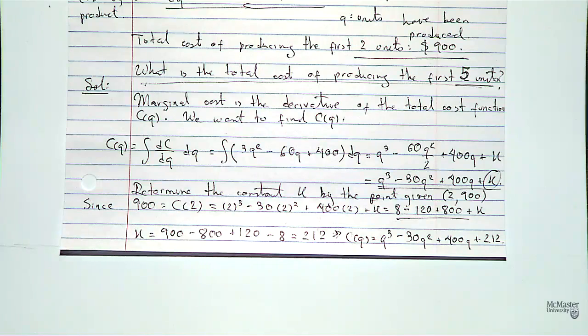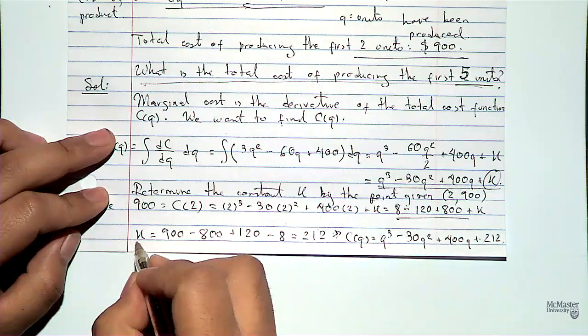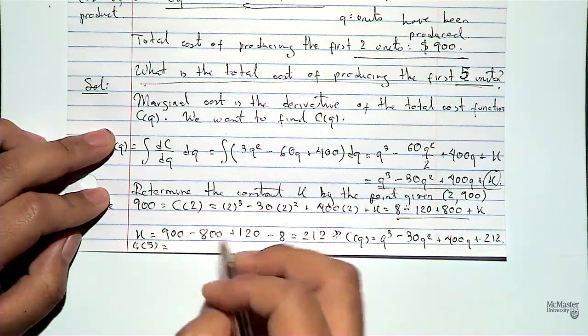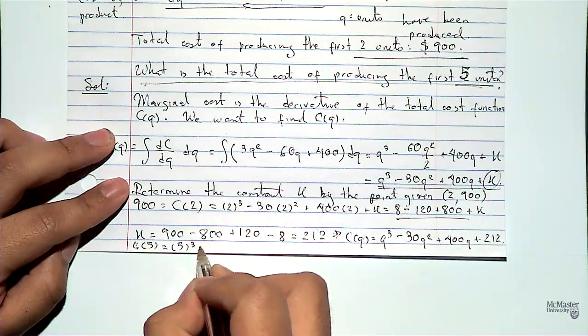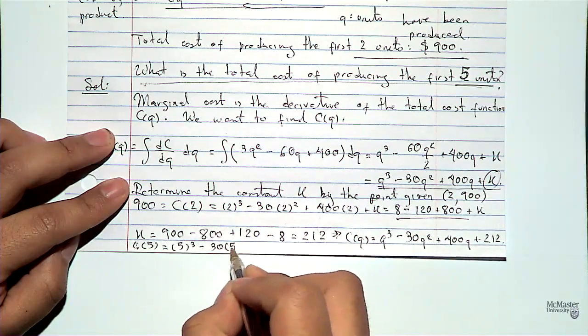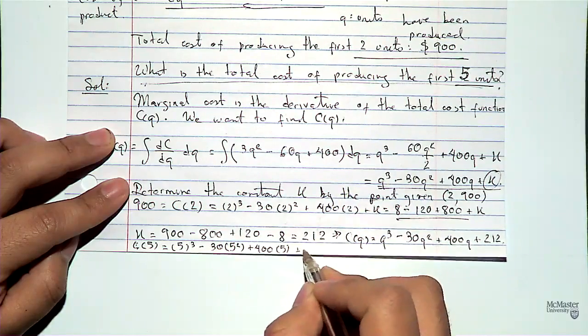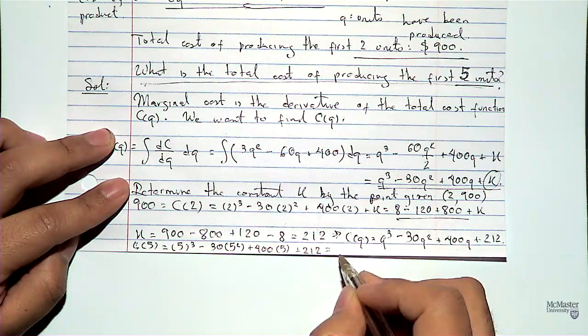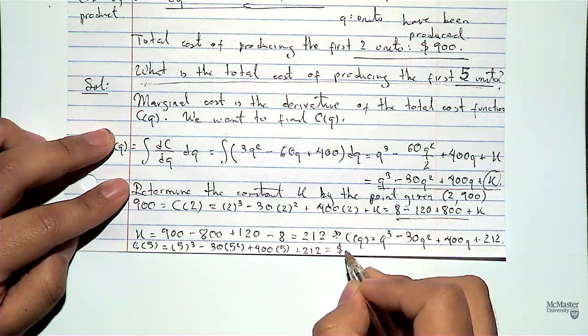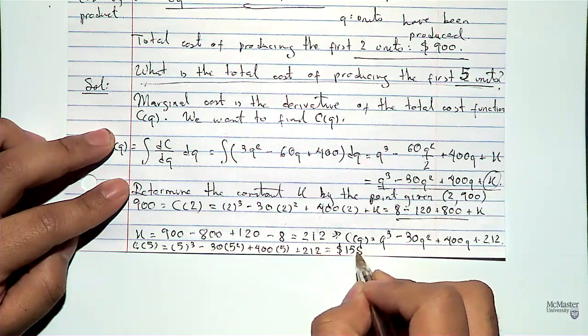So that is C of 5. So if I simply substitute, C of 5 is 5 cubed minus 30 times 5 squared, plus 400 times 5, plus 212. And if you do the computation, you get in the amount of dollars, 1,587.